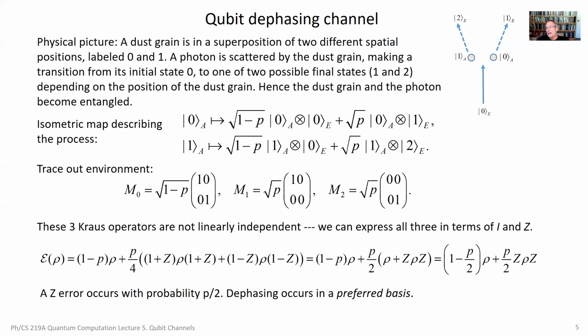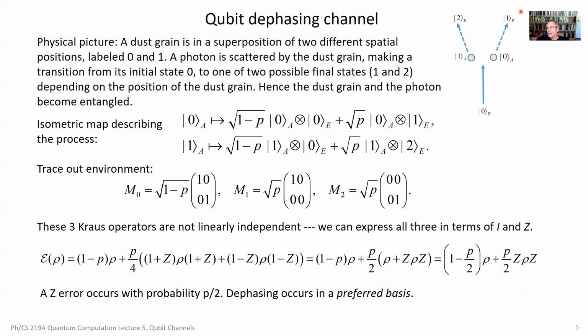But the way the photon gets scattered depends on the position of the dust grain. So the picture I would like to suggest is the initial state of this photon, which is incident on the dust grain, I'm going to call 0. And then it scatters into either one of 2 distinguishable states.